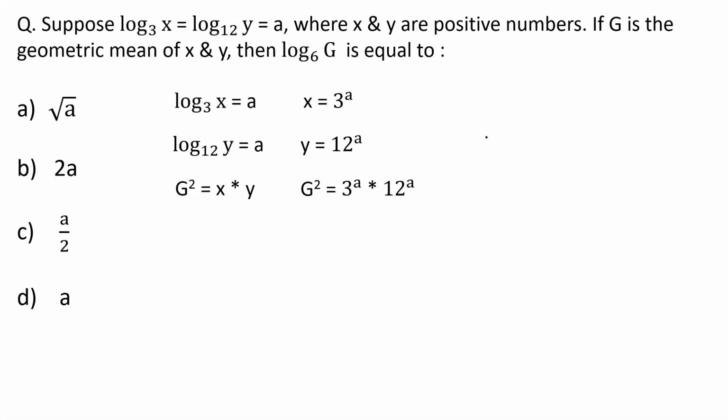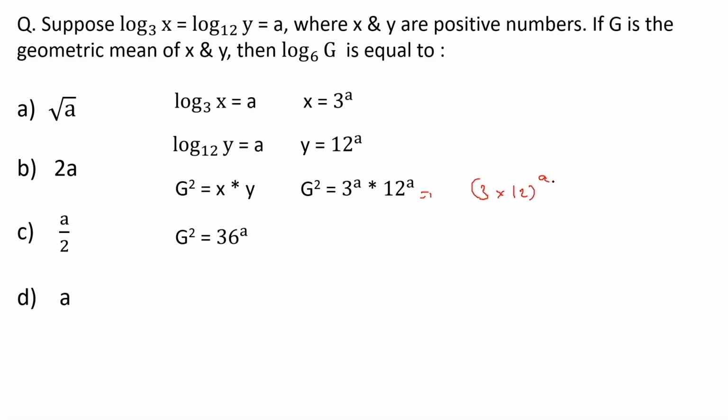So in place of x we substitute 3 raised to a, and in place of y we substitute 12 raised to a, right? So g square becomes 3 raised to a into 12 raised to a. Now powers are common, 3 raised to a, 12 raised to a. What we do is, we take the power outside, so it will become 36 raised to the power a, right? So basically ऐसा हो जाएगा. 3 raised to a है, 12 raised to a, so ये क्या हो जाएगा 3 into 12, the whole raised to a, right?